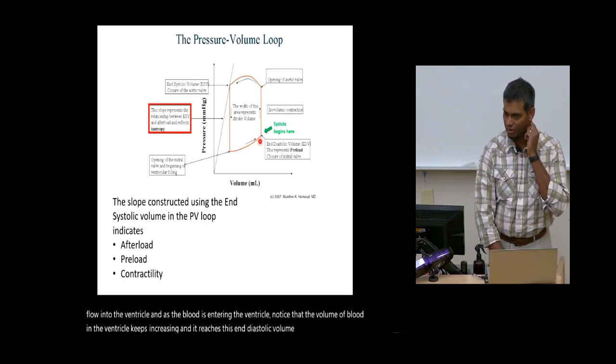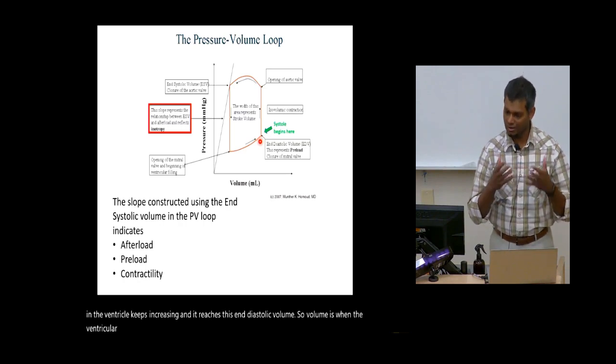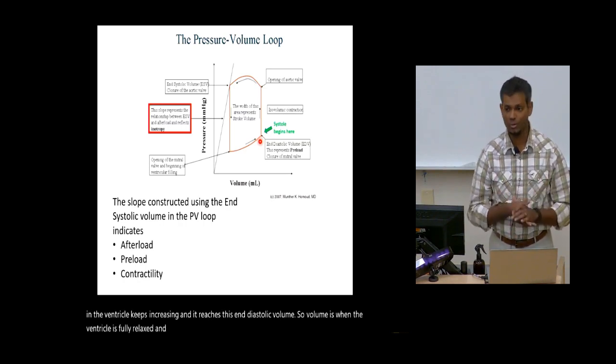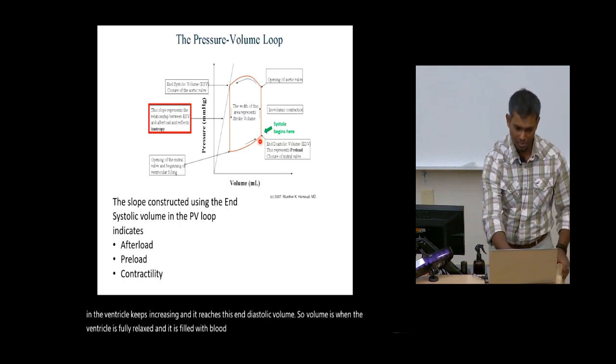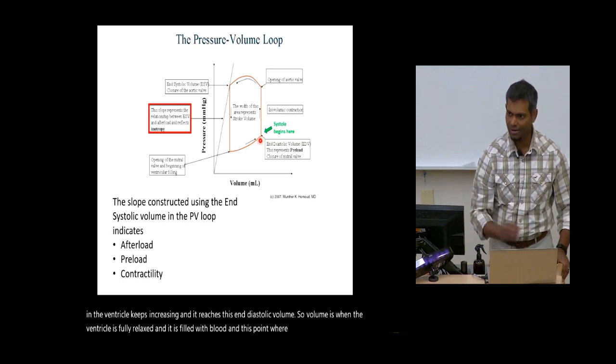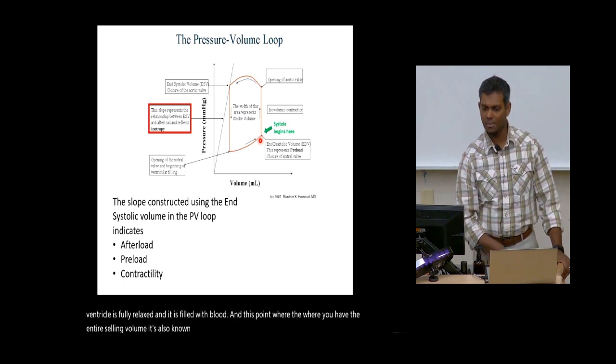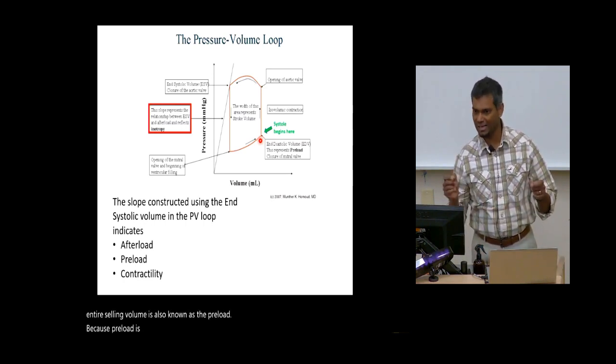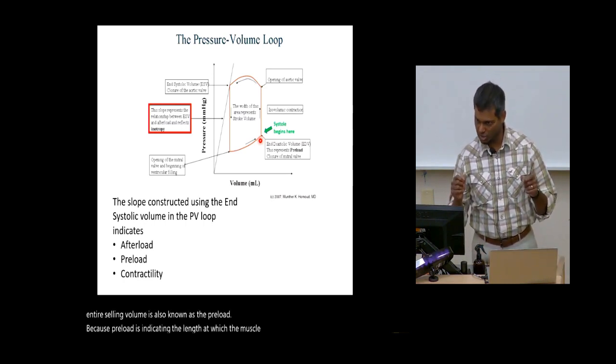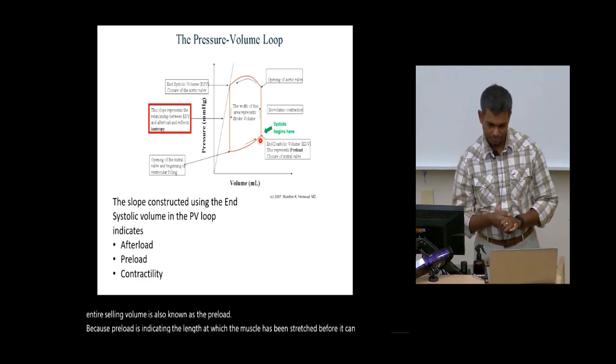So end diastolic volume is when the ventricle is fully relaxed and it is filled with blood. And this point where you have the end diastolic volume is also known as the preload, because preload is indicating the length at which the muscle has been stretched to before it can contract.